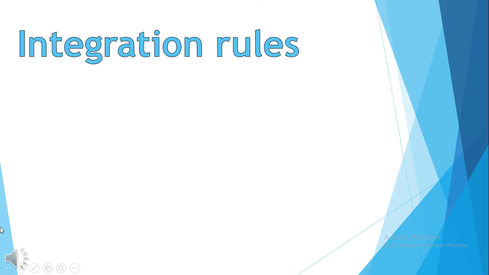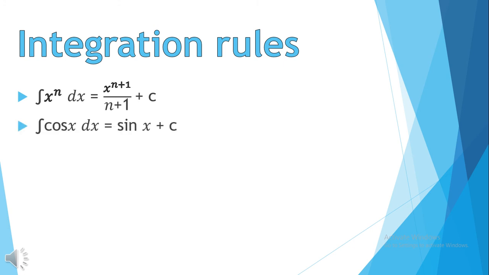In the last three, we also have the integration rules, which are: the integral of x to the power of n dx is equal to x to the power of n plus 1 over n plus 1 plus c. Integral of cos x dx is equal to sin x plus c. Integral of sin x dx is equal to negative cos x plus c.